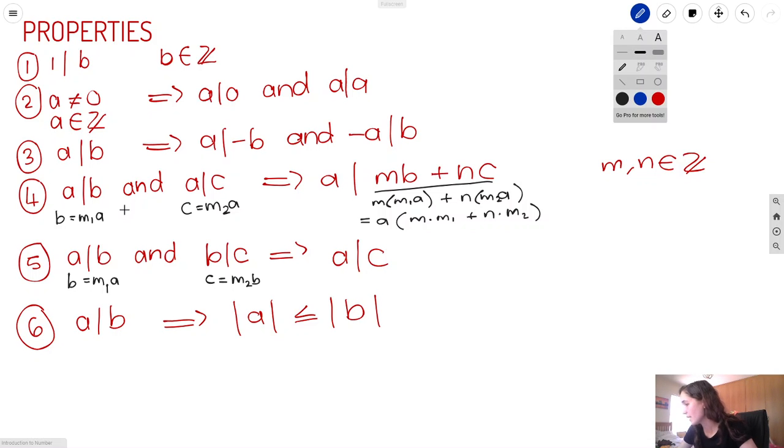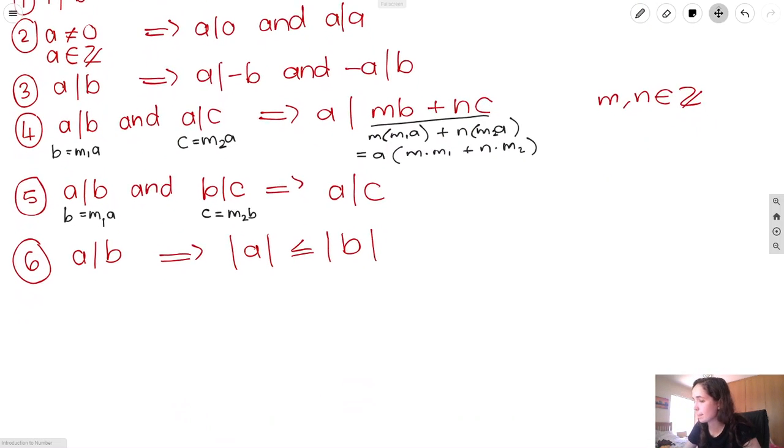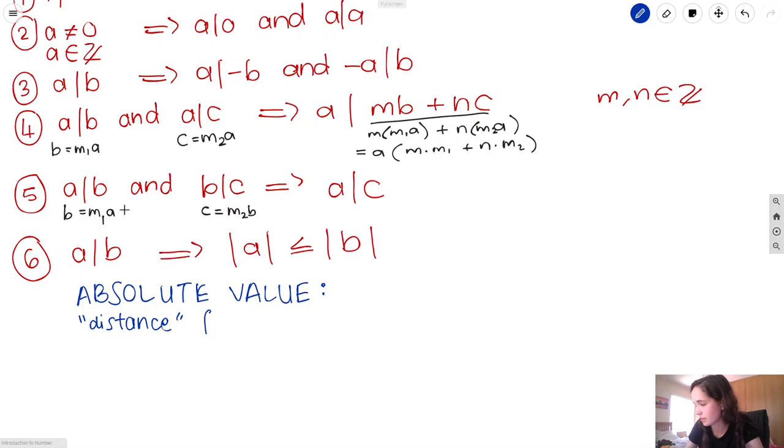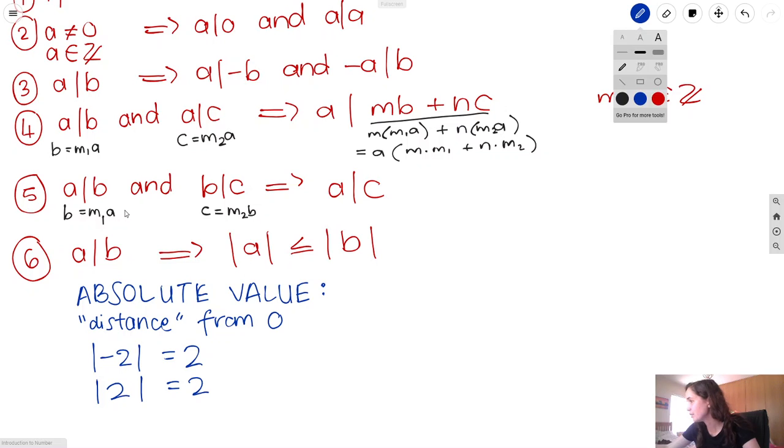So when we talk about the absolute value, it can be seen as the distance of a number from 0. So if you have -2, you can say this will be 2. 2 will be equal to 2. So if it's a negative number, you take the negative sign away. If it's a positive number, you leave it the same way.